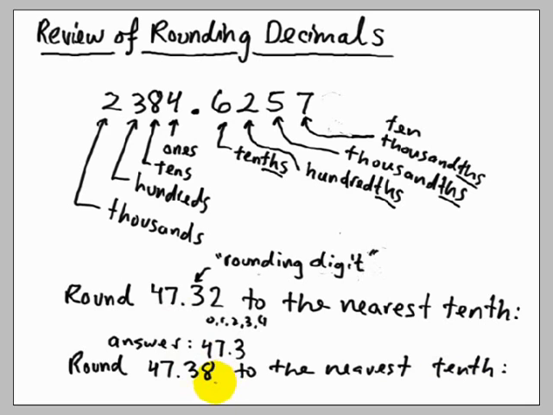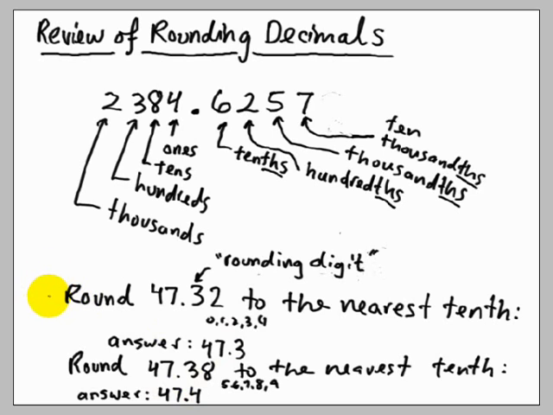And if this number here is 5, 6, 7, 8, or 9, then I don't just leave the 3 alone like I did back here. I actually have to increase it by 1 to make it a 4. So in this case, our answer is going to be 47.4.